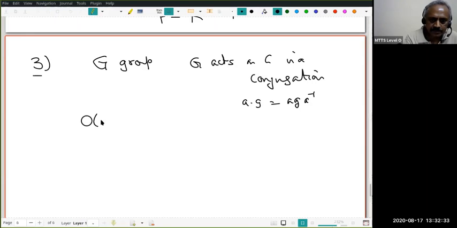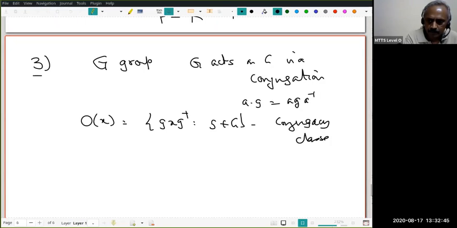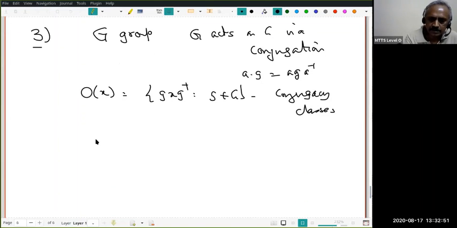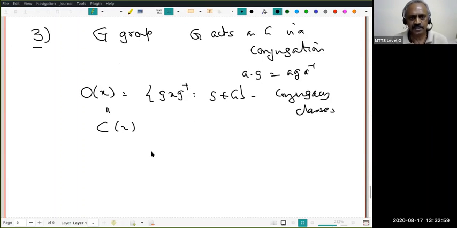Each orbit of x is nothing other than a conjugacy class, the set of g x g inverse as g varies over G. These are called conjugates of x, and this is called the conjugacy class. Usually one denotes it by C(x), C for conjugacy. This is the classical notation for a conjugacy class.